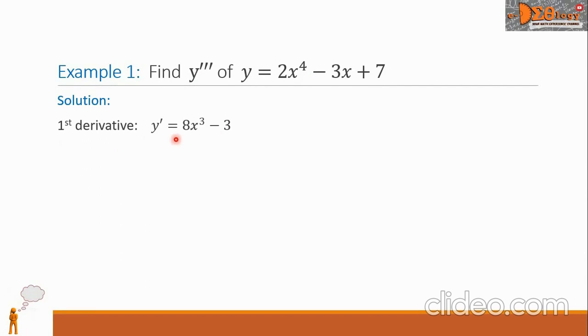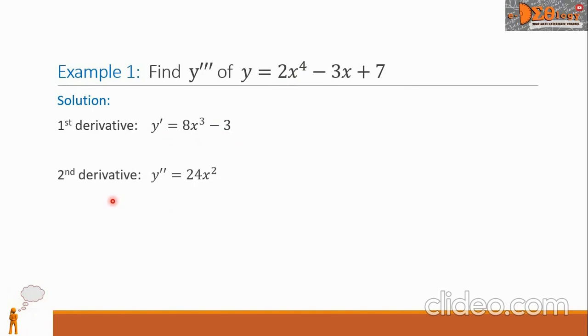So y prime equals 4 multiplied by 2 becomes 8 multiplied by x with the power 4 minus 1. So we see here power 3. So 8x cubed minus the derivative of 3x, which is 3, so minus 3, plus the derivative of the constant 7, which is 0. So we will not write anymore. Therefore, the first derivative is equal to 8x cubed minus 3.